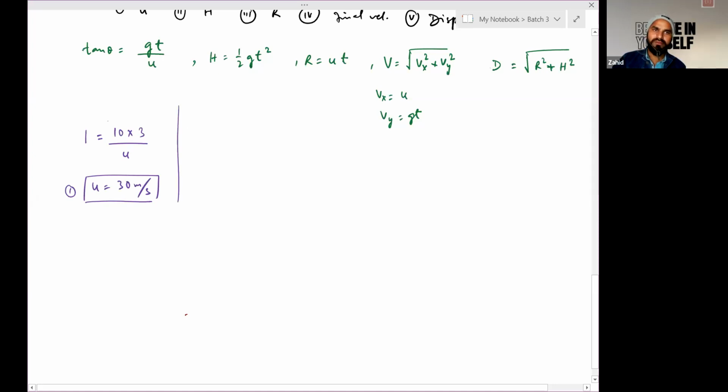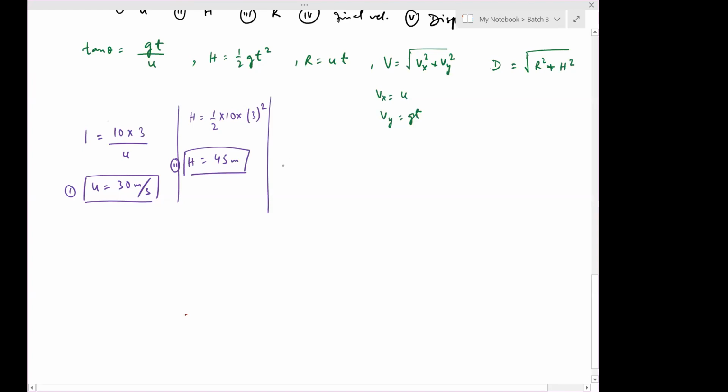Similarly, if you put values in the second part, you will get h equals half times g into t square. So it will be 45 meter. Answer number 2. Sham, just check your calculation. Nabila, your answer is correct.